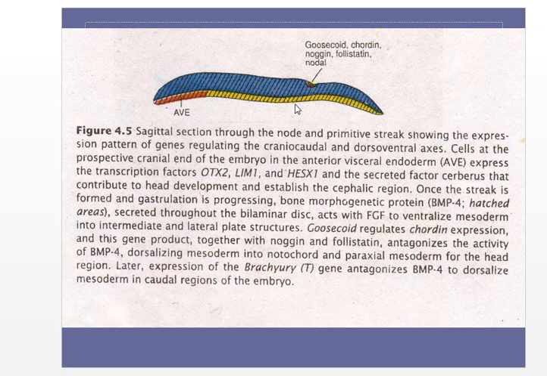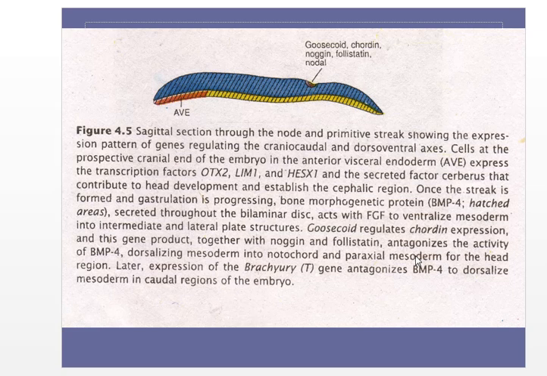But in the dorsal regions, the gene named goosecoid is expressed. As a result of the expression of this gene, a transcription factor named chordin is expressed, and this gene's product together with noggin and follistatin dorsalizes mesoderm into notochord and the paraxial mesoderm.